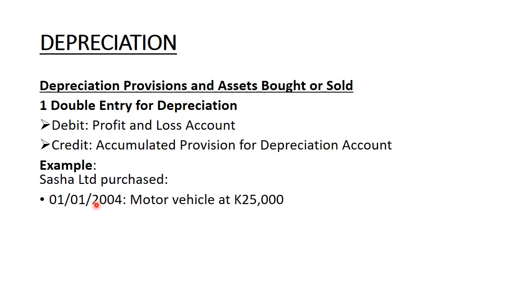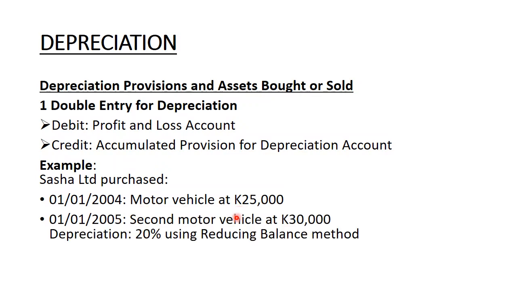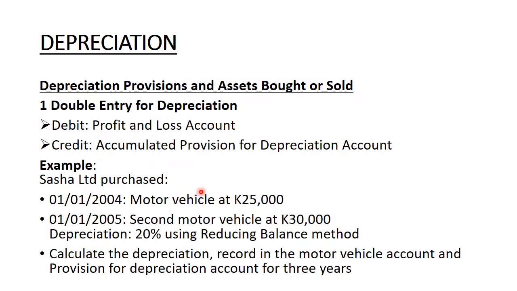Yeah, so the company purchased a motor vehicle at 25,000. Also, the following year the company purchased a second motor vehicle at 30,000. Depreciation is calculated at 20% using the reducing balance method. So what do they want us to do? Calculate the depreciation, recording the motor vehicle account and provision for depreciation account for 3 years.